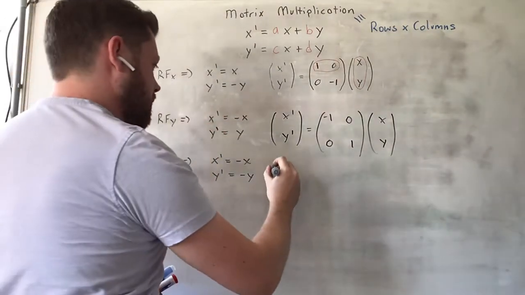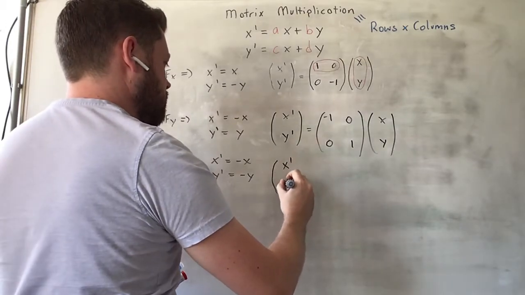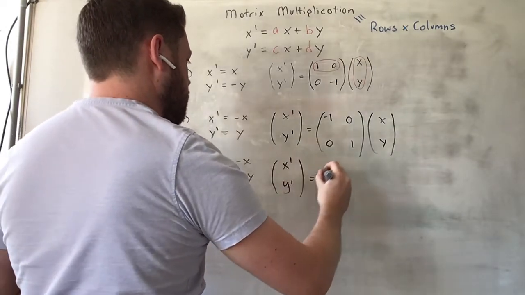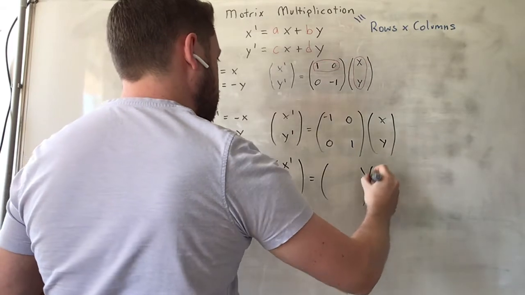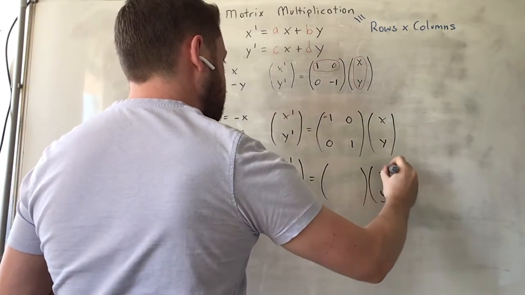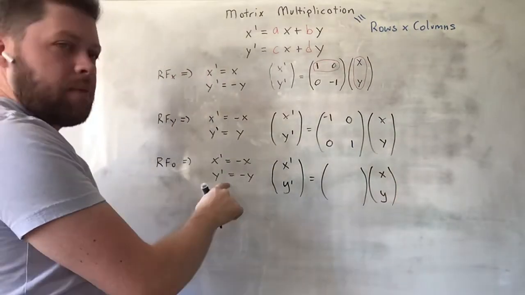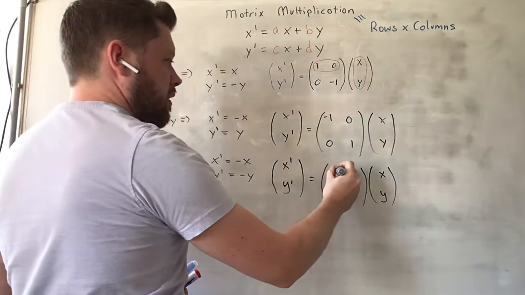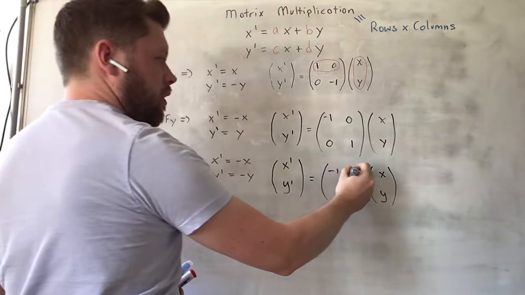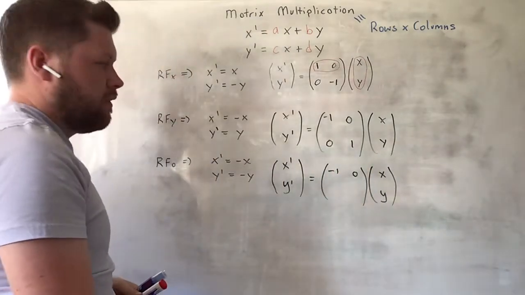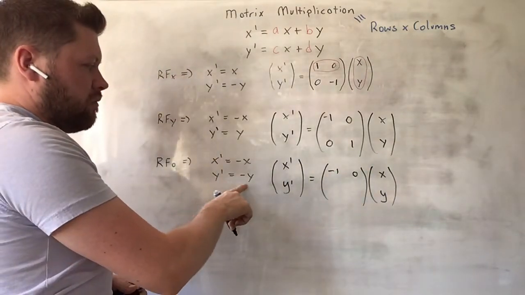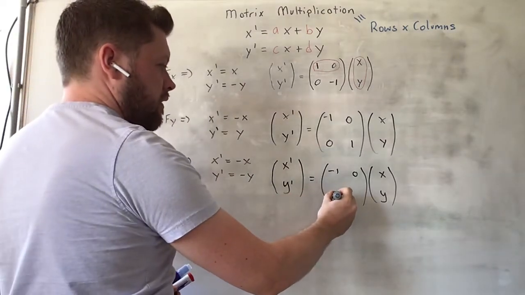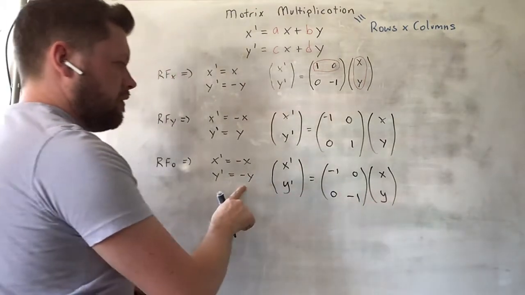And then this one here is x dash, y dash equals the transformation matrix times x, y. Okay, x dash goes to minus x, so that's minus 1. There's no y component, so that's 0. Y dash equals minus y, so there's no x component, but there is a minus there.